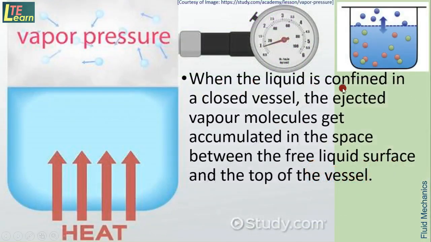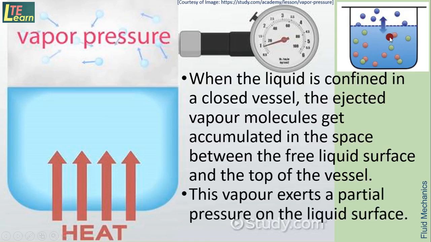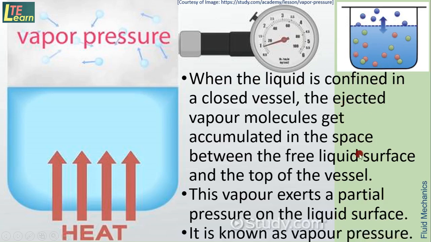Now when the liquid is confined in a closed vessel, the ejected vapor molecules get accumulated in the space between the free liquid surface and the top of the vessel. This vapor exerts a partial pressure on the liquid surface, which is known as vapor pressure.